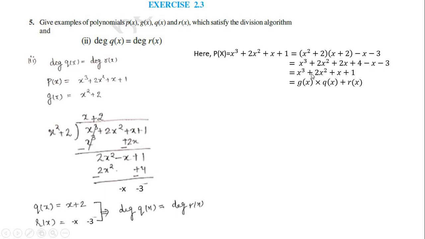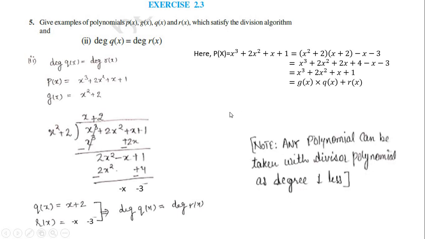When you solve overall, you will get x cube plus 2x square plus x plus 1. So we have seen that p(x) equals g(x) into q(x) plus r(x). In this example the division algorithm is satisfied and the given condition is also satisfied. So this is a correct example of the asked condition.